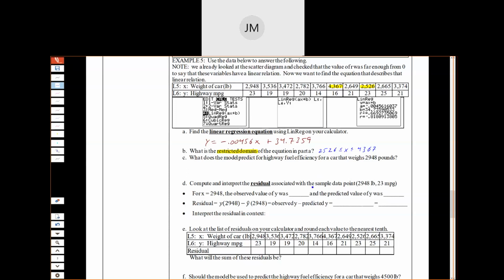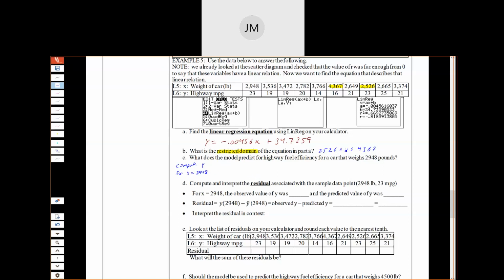What does the model predict for highway fuel efficiency for a car that weighs 2,948 pounds? Well, the weight of a car is my input variable. I'm going to think of that like x. So what this is saying is compute y for x equals 2948. And I can say 2948 is in my restricted domain.